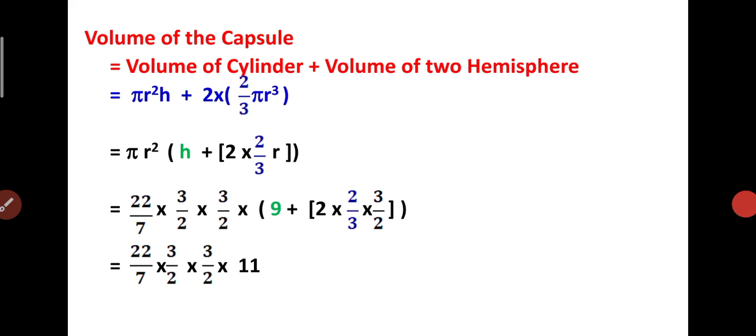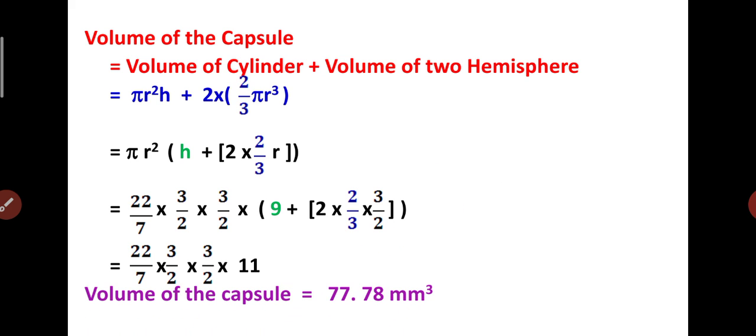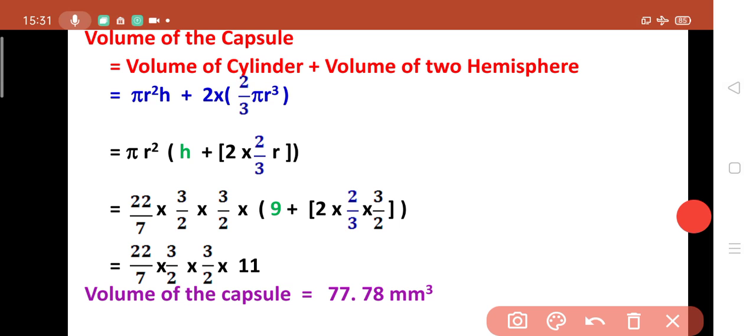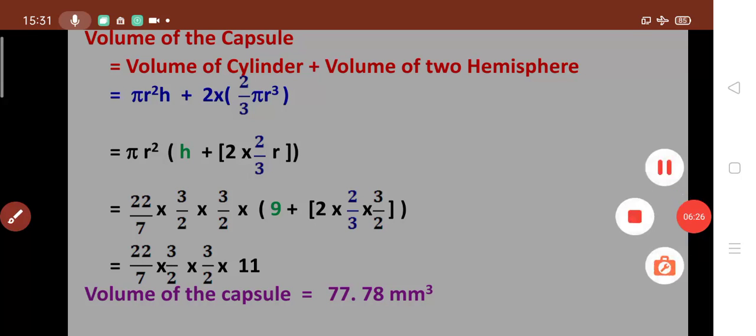Height 9 millimeter. For the calculation part, 3 by 2 is convenient, children. Hemisphere: how much is the radius? The same, 3 by 2 millimeter or 1.5 millimeter.